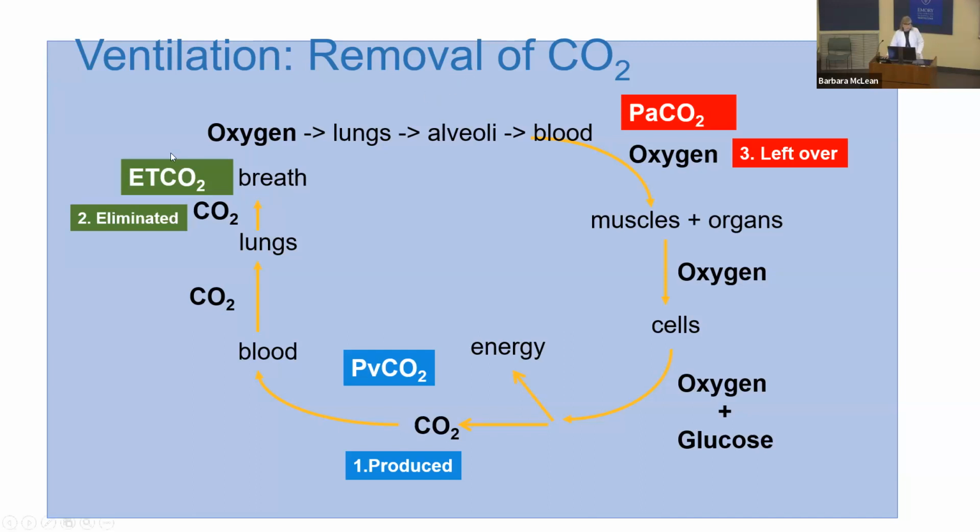The most important thing to remember, for your exam, not for your clinical practice, is that end-tidal CO2 and PaCO2 should always travel in the same direction. If PaCO2 is high, I expect end-tidal to be high. That's hypoventilation. If end-tidal is low and arterial is low, your patient is hyperventilated.